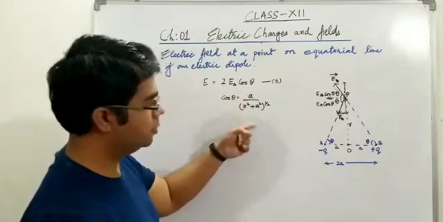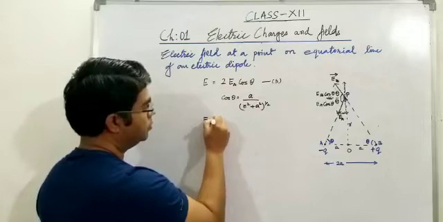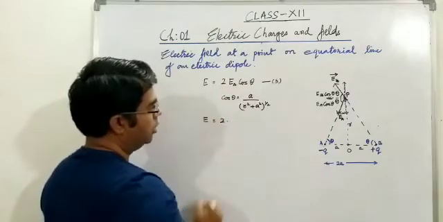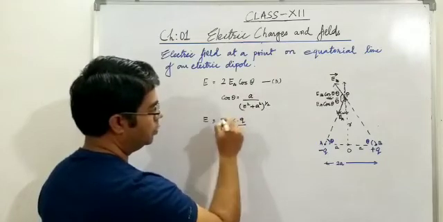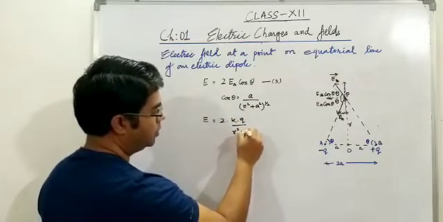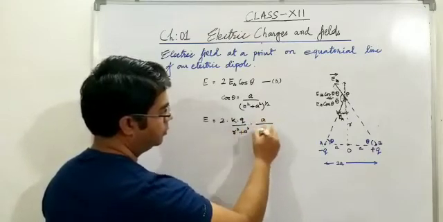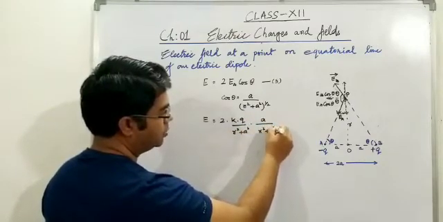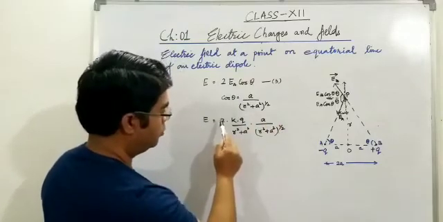Therefore equation 3 becomes E equal to 2 times EA, where EA is KQ by R squared plus A squared, multiplied by A upon (R squared plus A squared) to the power 1 by 2.